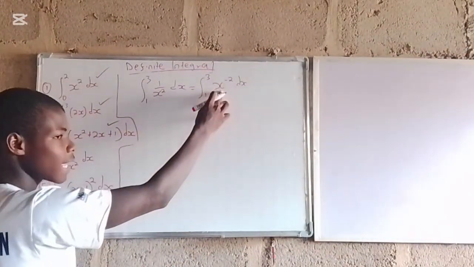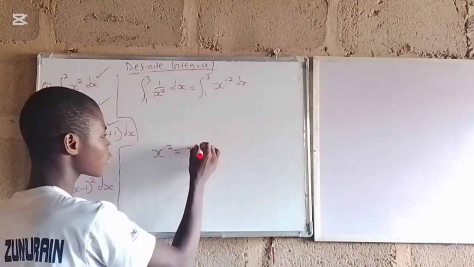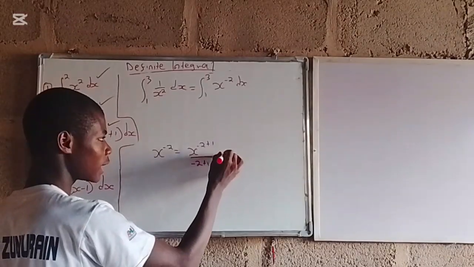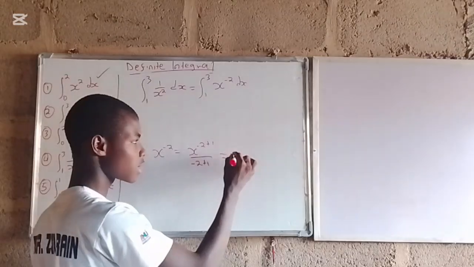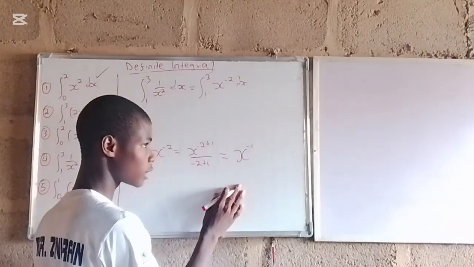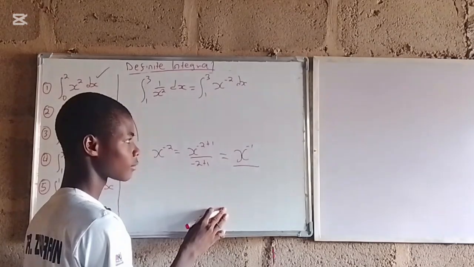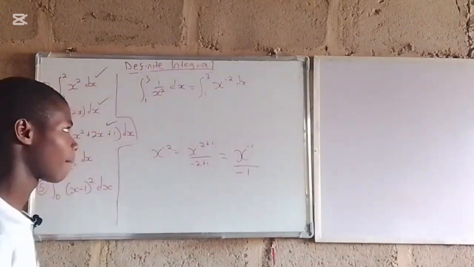So integrate this x to the negative 2: I'll add 1, and divide by negative 2 plus 1. This is the same thing as x to the negative 1 divided by negative 1 again.